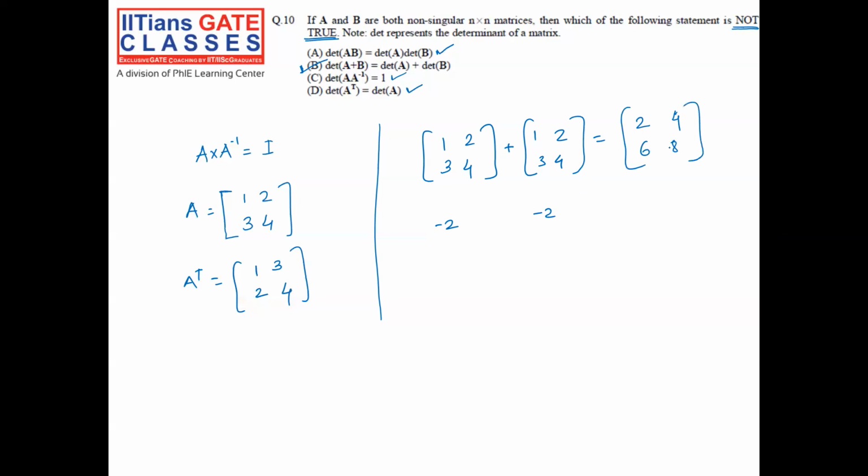Now if you take a determinant, 16 minus 24, which is how much? -8. So in this case, we can clearly see that if you add the determinants, we get -4, and -4 and -8 are not equal. So this property is not true as far as determinants are concerned. Hence option B is correct. If we know the properties, we can directly answer it, but this is just to explain why we have chosen option B in this case.